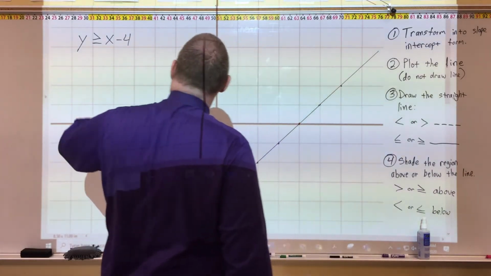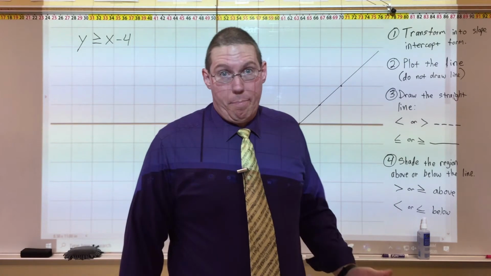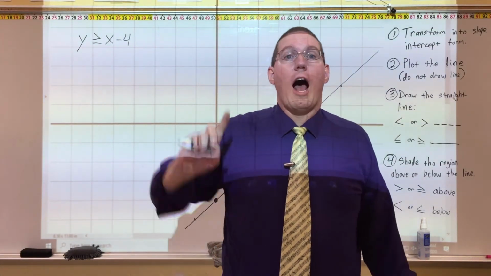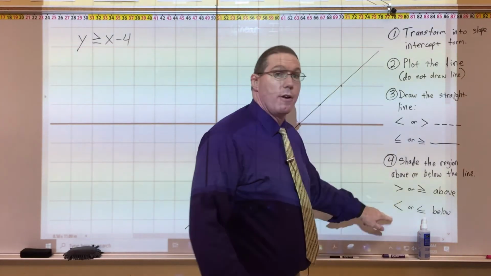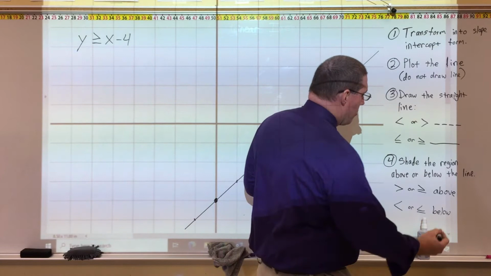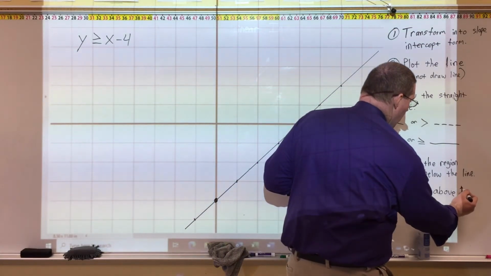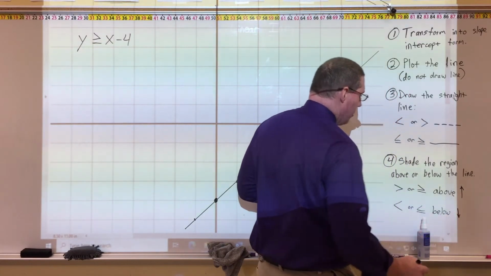See, this says greater than. Greater than means up, things that are higher. Greater is another way of saying higher, and less than is another way of saying lower. So with a greater than symbol, I'm going to use up arrows, and with less than, I'm going to use down arrows.